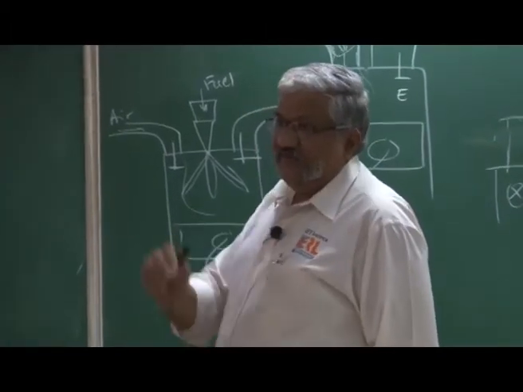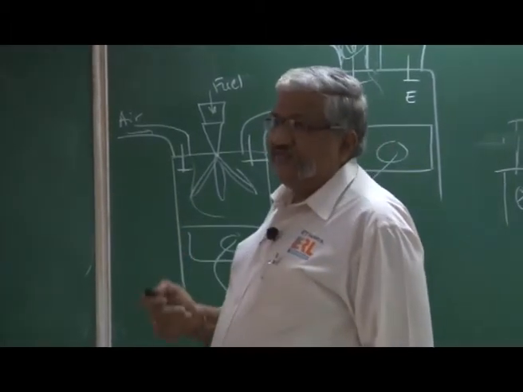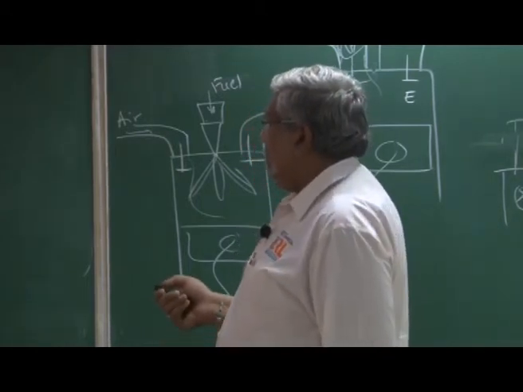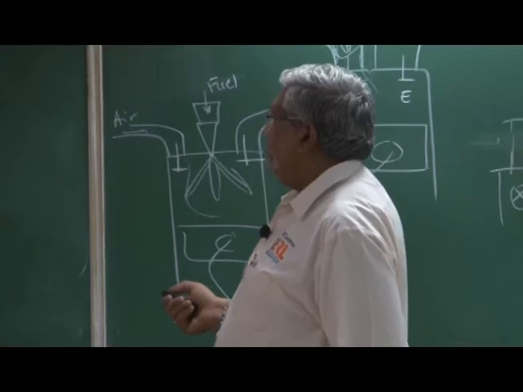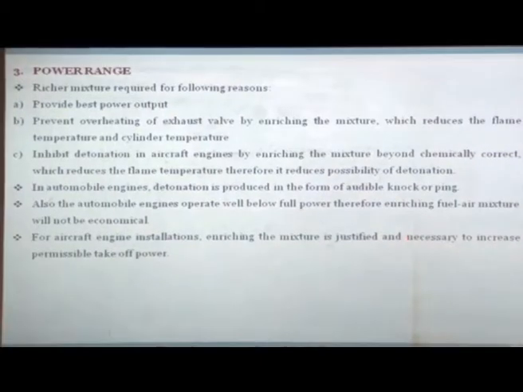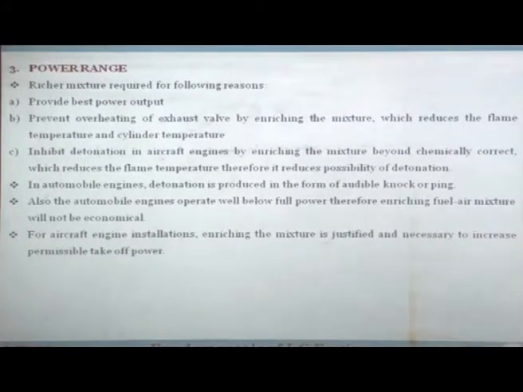At that time you need maximum power, so you pull max throttle. Aircraft engines are supposed to produce maximum power output when they take off. Automobile engines operate well below full power, therefore enriching the fuel-air mixture will not be economical. But in aircraft installations, enriching the mixture is justified and necessary to increase permissible takeoff power. That is when you need maximum power during takeoff.